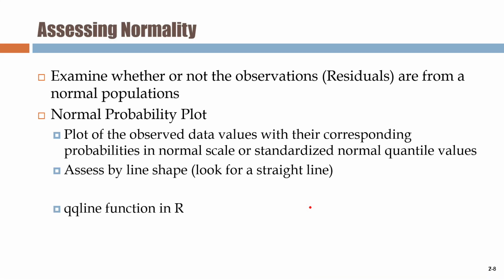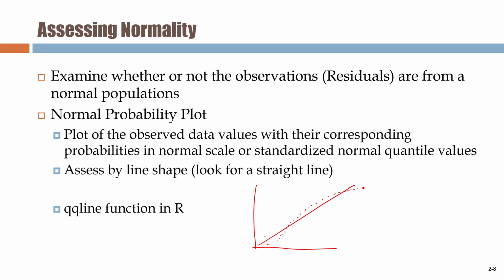Normality. Examine whether or not the observations, which are the residuals, are from a normal population. So how can I check this? With a normal probability plot. A normal probability plot will give you some dots, and your dots might look like this.